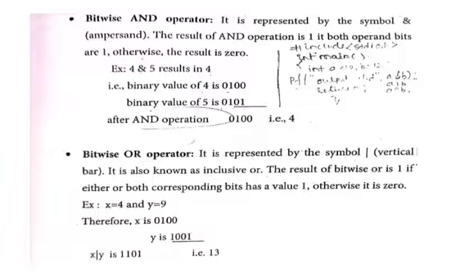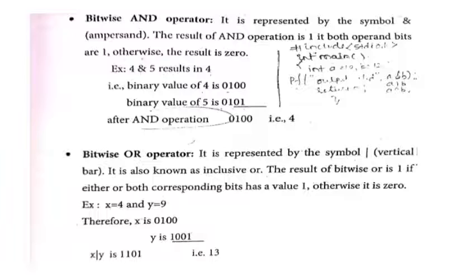If I use the bitwise AND operator on 4 and 5, according to the definition, if both bits are 1, then the result is 1.